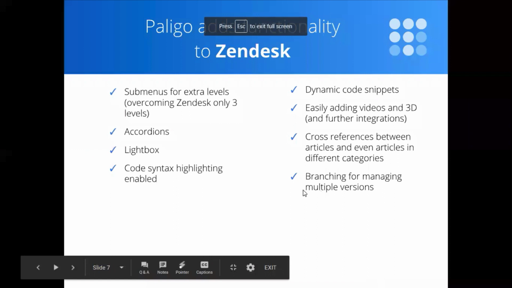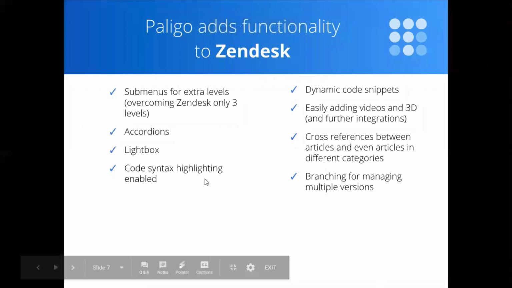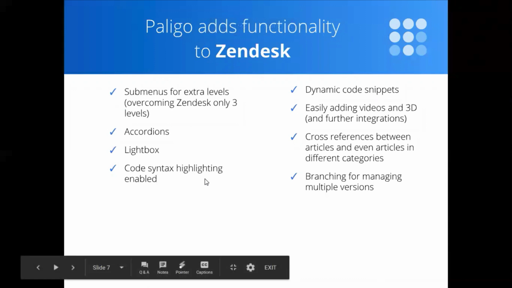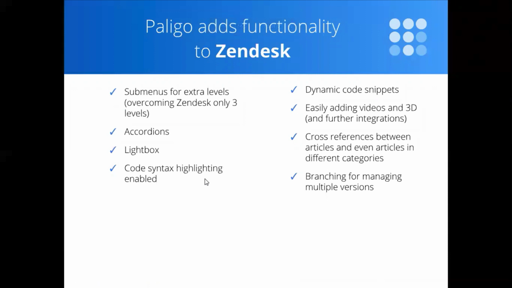And I mentioned all sorts of things like the submenus, accordions, lightbox, code syntax. So if you don't bring in the CSS and JavaScript, then you won't be able to use a lot of that functionality. That's what it's there for. It's purely optional. You don't need to use it. You can just put the topics in without putting any assets at all. It's your choice, okay?